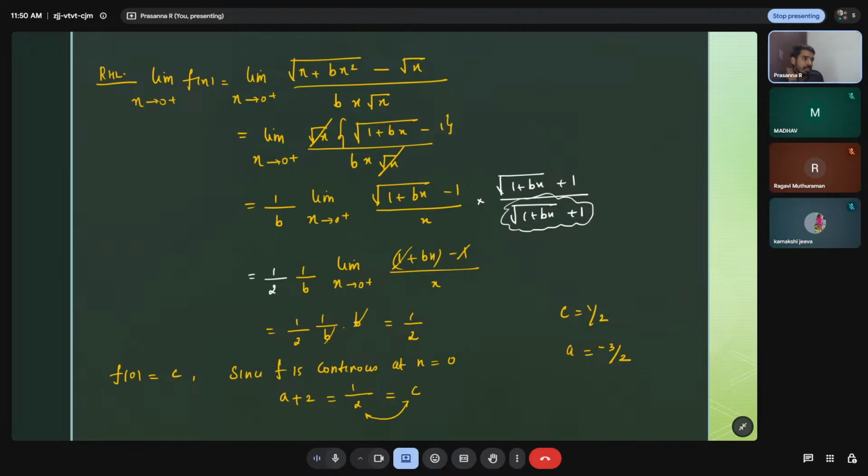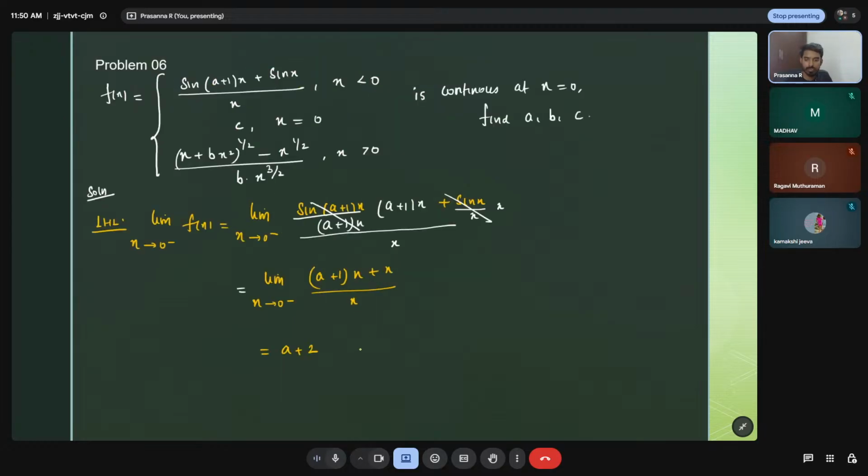This is independent of b, because here we are cancelling this b. For any b we can cancel, but make sure that b is not equal to 0. So b can take any real number except 0, because if it is 0 you cannot cancel. The RHL is independent of b, the LHL is independent of b, and the function value at 0 is also independent of b.